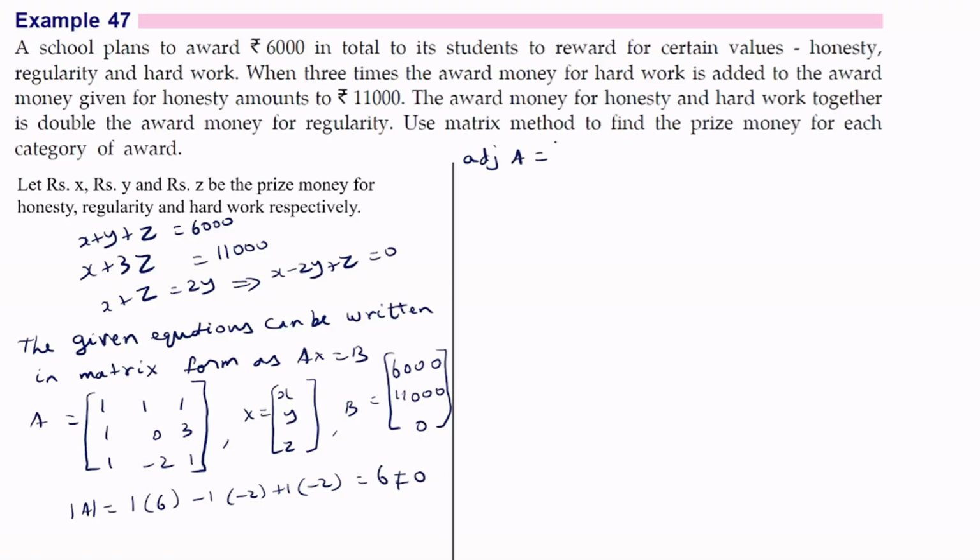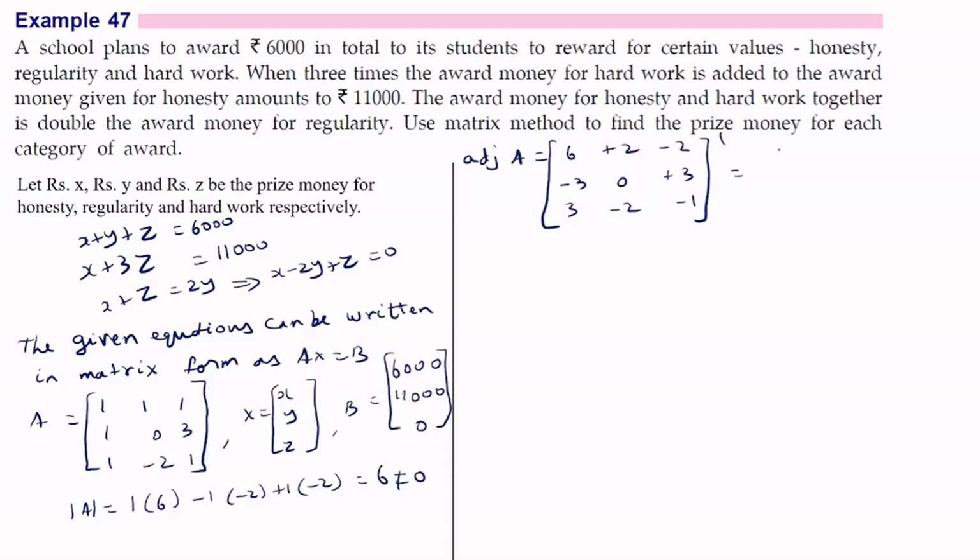Next we have to find adjoint of A. Adjoint of A is the transpose of the cofactor matrix. So it is transpose of 6 plus 2 minus 2 minus 3 0 minus of minus 3 plus 3 then 3 minus 2 minus 1, the whole transpose.